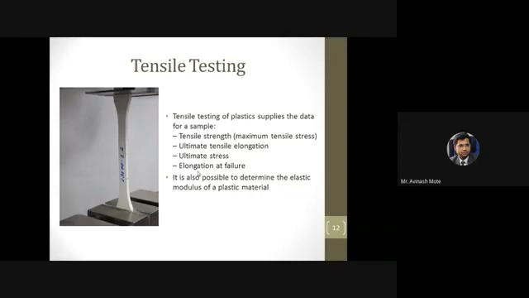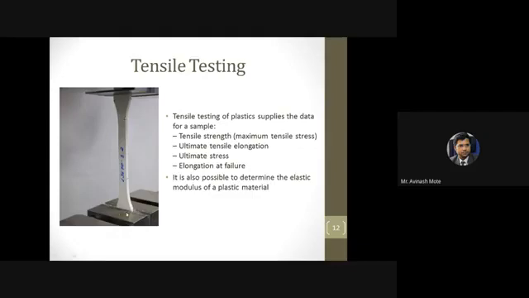If you see this particular picture, this is a specific type of plastic with specific dimensions. The dimensions are already fixed, and from top and bottom it is fixed between two fixtures. The bottom fixture is fixed and the top fixture is movable.